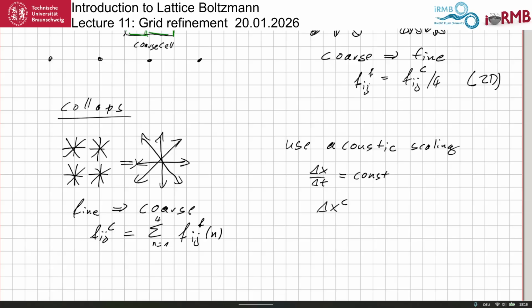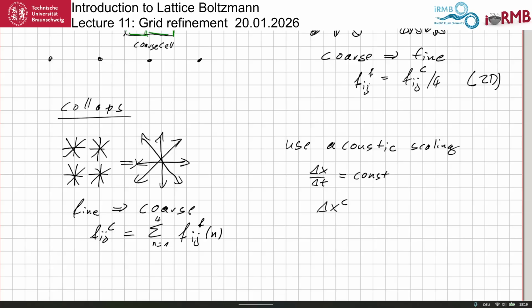Usually in a simulation with control volumes where you want to resolve the boundary layer, you have to keep the CFL number below 1, and therefore your time step is dictated by the smallest cell or element in your system. And all the others also have to have this time step.